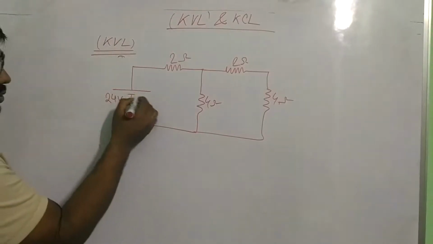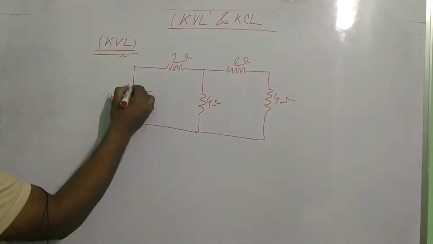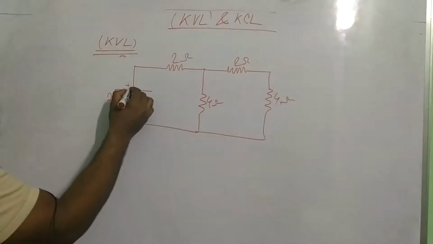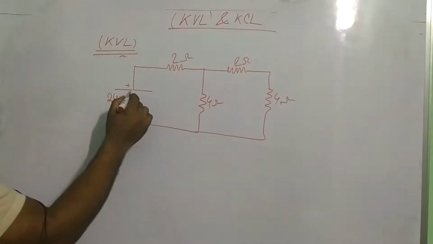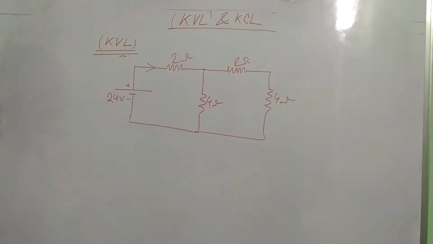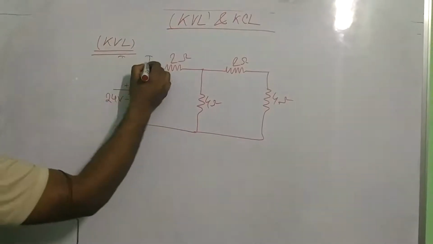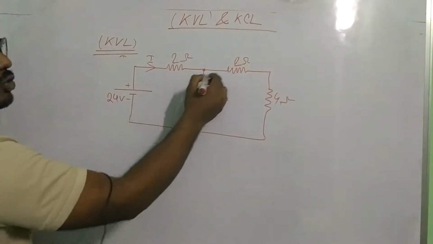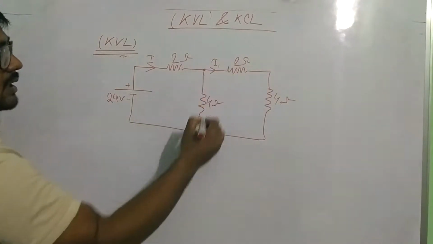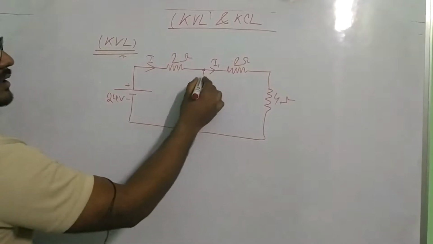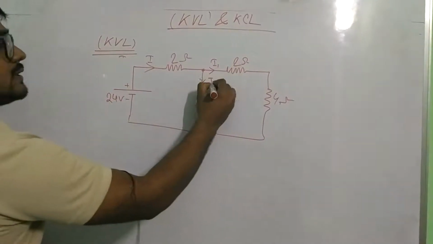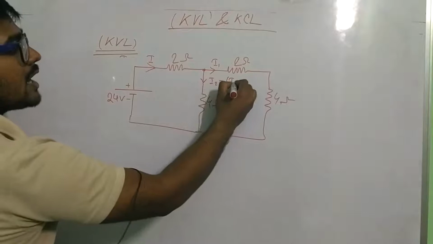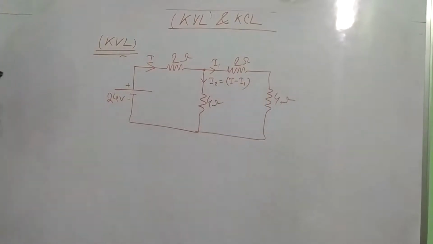You know this is a battery with a positive terminal and a negative terminal. From the positive terminal the current will leave. This is I. From this point the current will be divided into two parts: this is I1 and this is I2, and we can say I2 equals I minus I1, right?